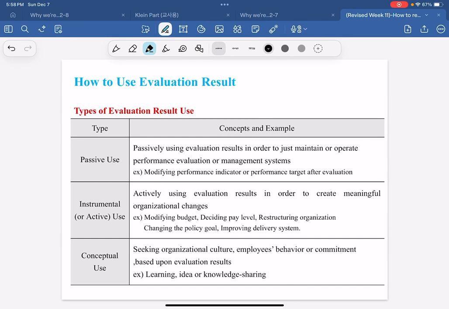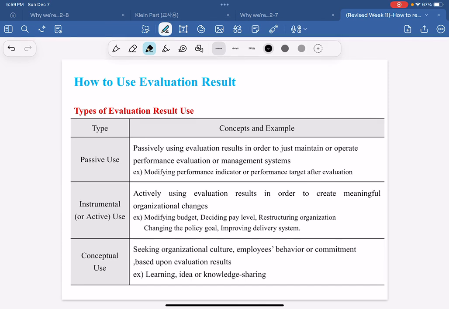Therefore, this knowledge can be shared among public officials, and just because of knowledge sharing, fundamental change can happen, and public officials' behaviors or commitment can be changed fundamentally.